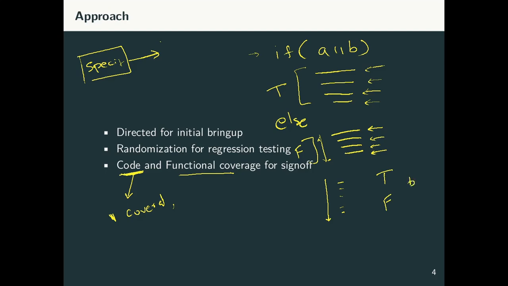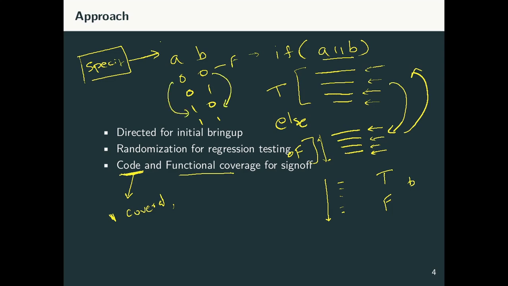Now, transition from true to false or false to true happens on the value of A and B. So my A and B again will have four different values in this case. So 0, 0, 0, 1, 1, 0, and 1, 1. So ensuring that transition happens from false to true, because A changed, or because B changed, or because both A and B changed.